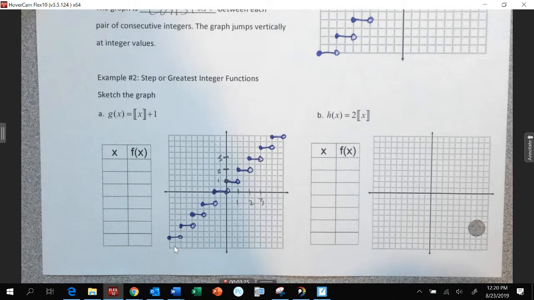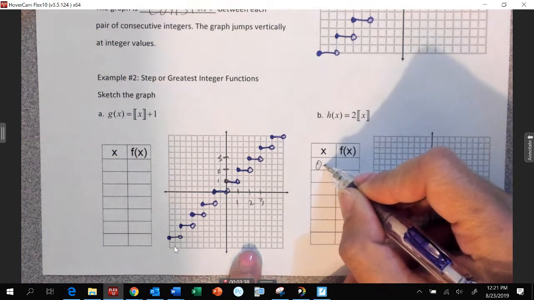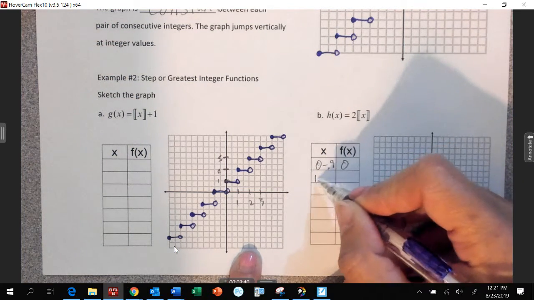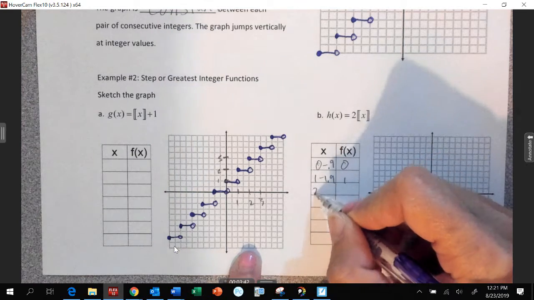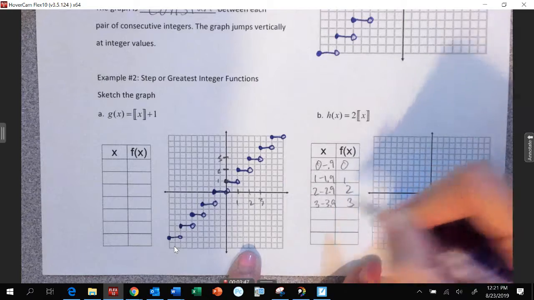And then for h of x, we can use a table. We could use transformations if you remember them. I'm going to kind of copy my table from up above. 0 to 0.9 is 0, 1 to 1.9 is 1, 2 to 2.9 is 2, 3 to 3.9 is 3.